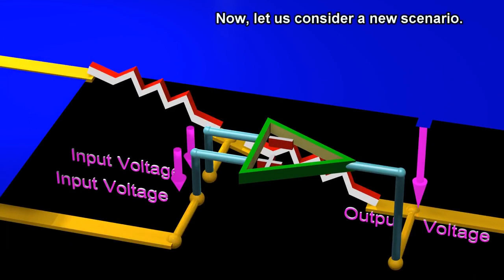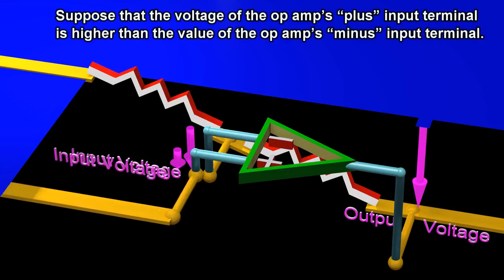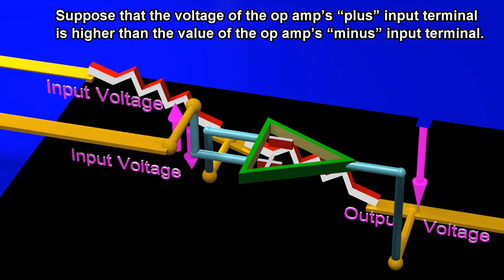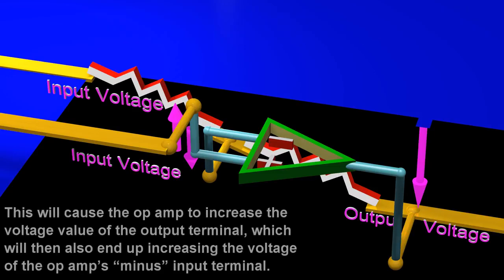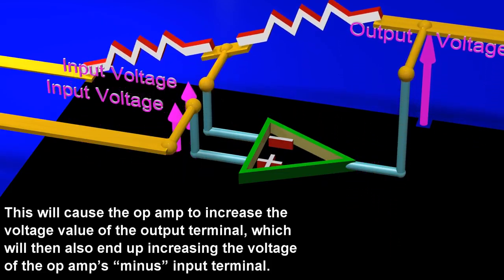Now, let's consider a new scenario. Suppose that the voltage of the op-amp's plus input terminal is higher than the value of the op-amp's minus input terminal. This will cause the op-amp to increase the voltage value of the output terminal, which will then also end up increasing the voltage of the op-amp's minus input terminal.